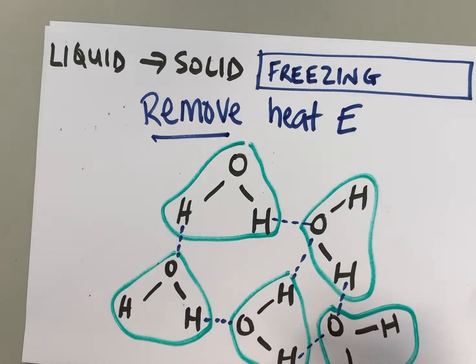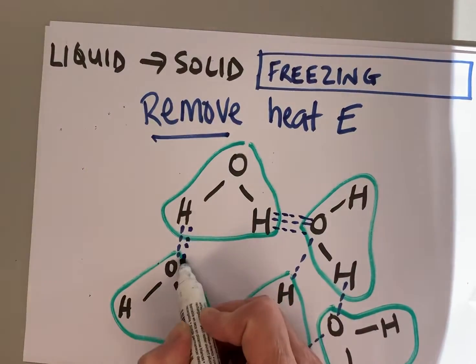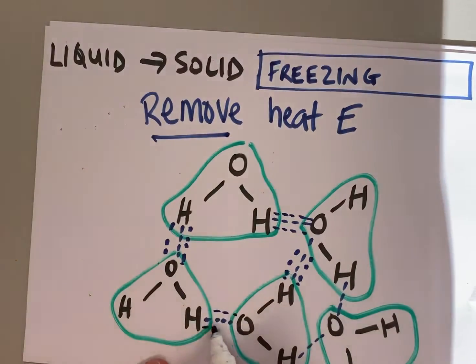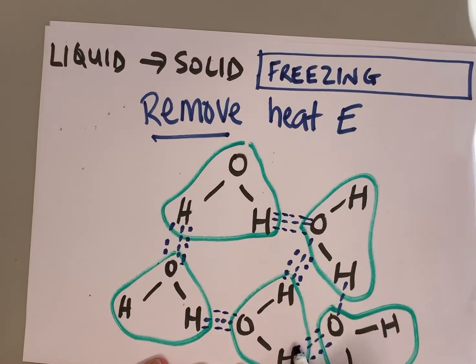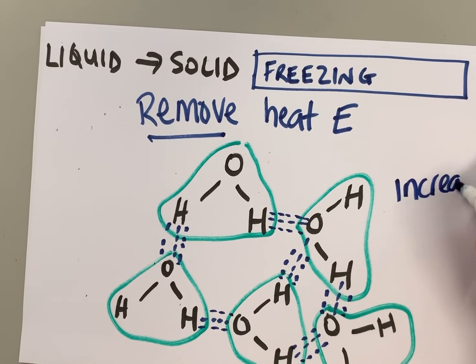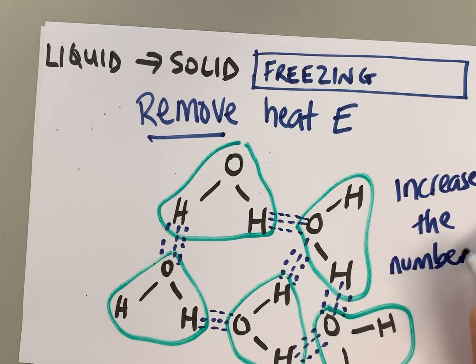Okay, and as you remove more heat energy, you increase the number of WIFs between the molecules, and then it turns from a liquid into a solid. So here you increase the number of WIFs.